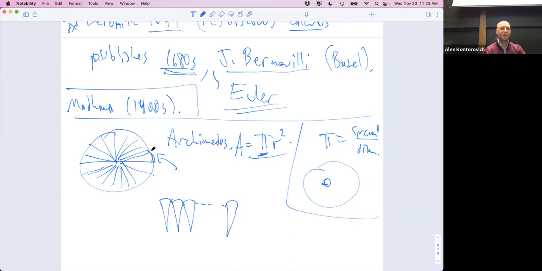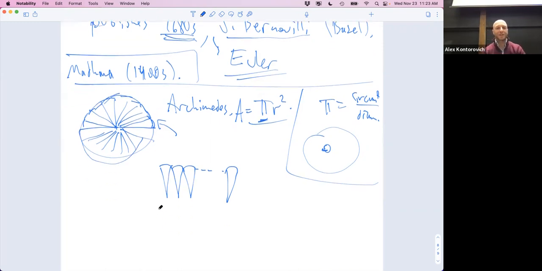Okay, you see that? Take this and unroll it. You do the same thing on the bottom, and you get a whole bunch of other pizza slices. And you stick them together, and what you get is something that looks like this.